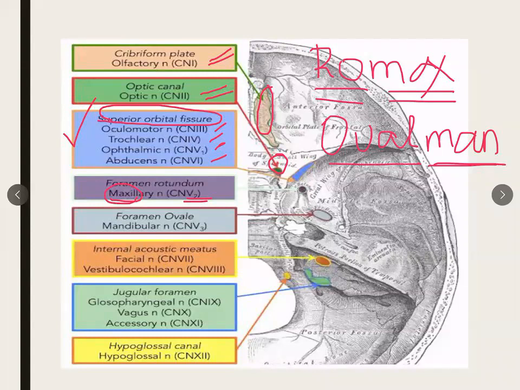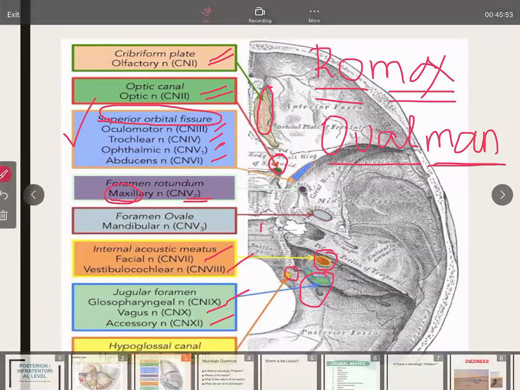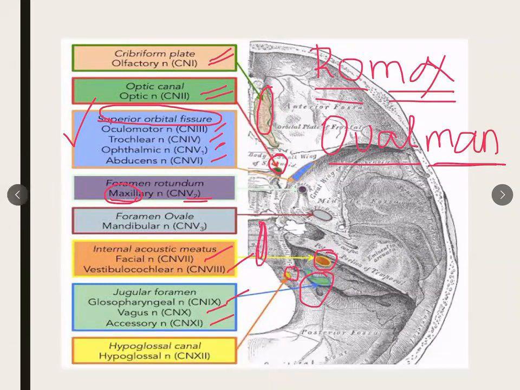Internal acoustic meatus, facial nerve or cranial nerve number 7 and cranial nerve number 8. Jugular foramen, cranial nerve number 9, 10, and 11. And of course, the hypoglossal nerve, cranial nerve 12, will go here and then exit there, going into the tongue region. Do you understand?